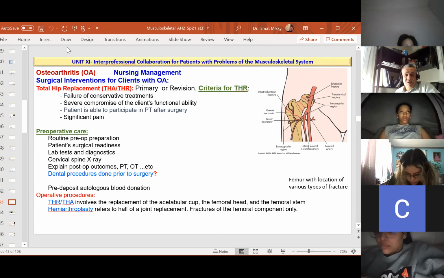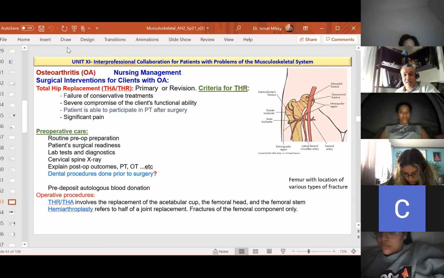So the prosthesis, which is the new joint that has been implanted, if that area becomes infected, that would result in a prosthesis failure. So the dental procedure should be done prior to surgery.